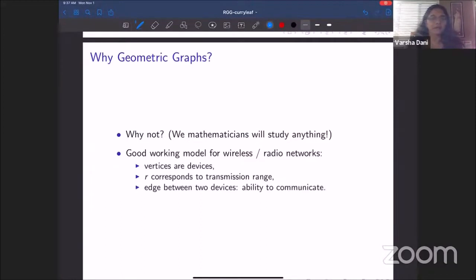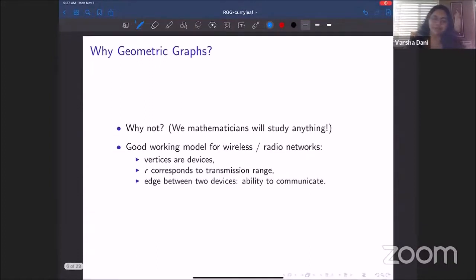There's an edge between two devices when they are able to communicate because they're within range. That's one reason why geometric graphs are important. But now I'm going to take off my practical hat and go back to being a mathematician who'll study anything and say, well, why not geometric graphs?